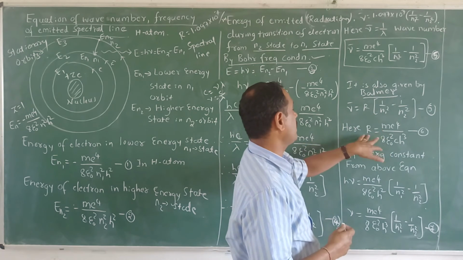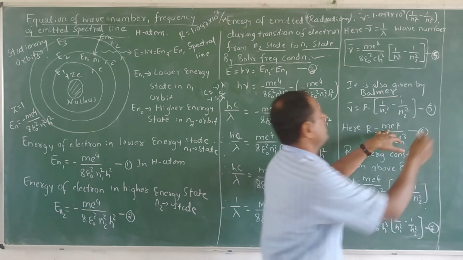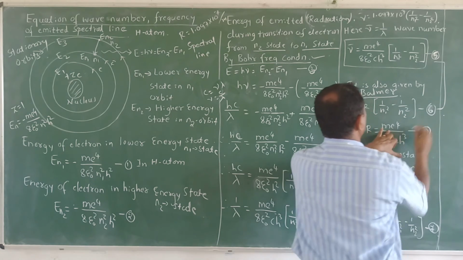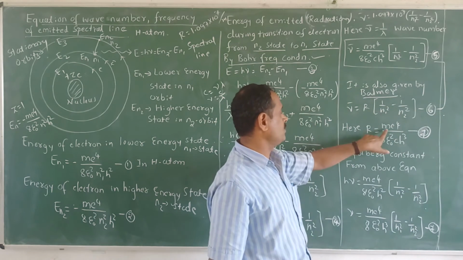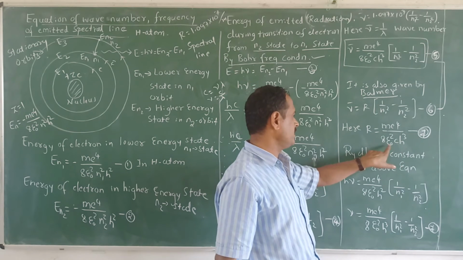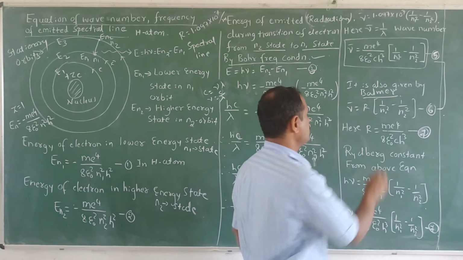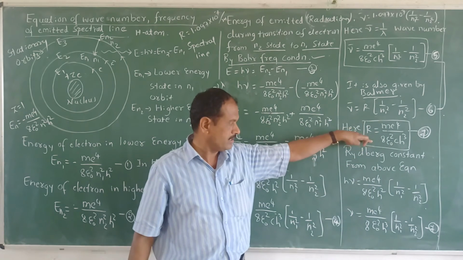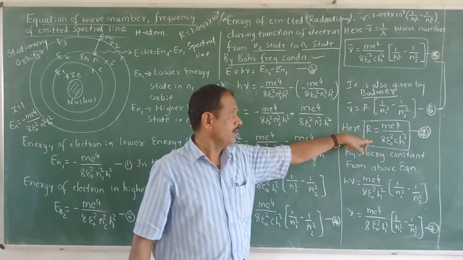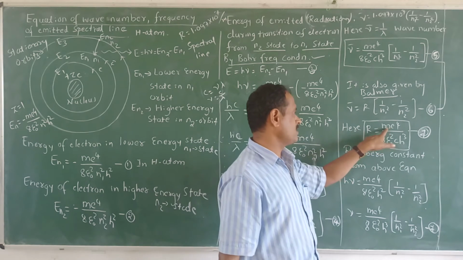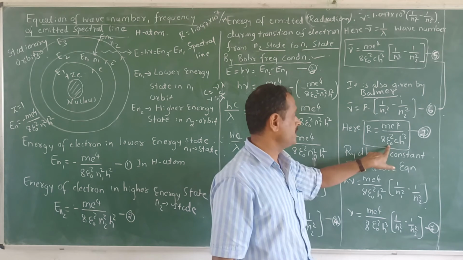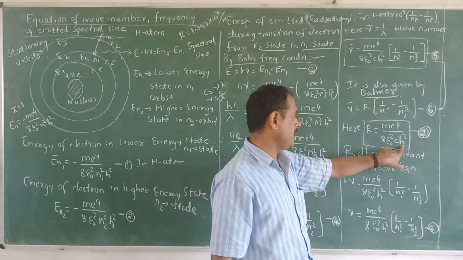Now, compare these two expressions, equation number 5 and equation number 6. Here R is equal to m e raised to 4 divided by 8 epsilon naught square c h cube. This is called the Rydberg constant. It is the expression for the Rydberg constant. Now you substitute all the values: mass of the electron, charge of the electron, permittivity of free space, velocity of light, and the Planck constant.